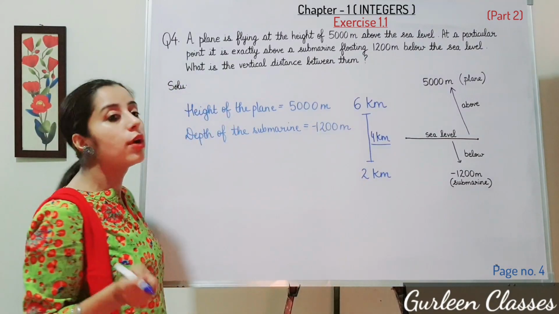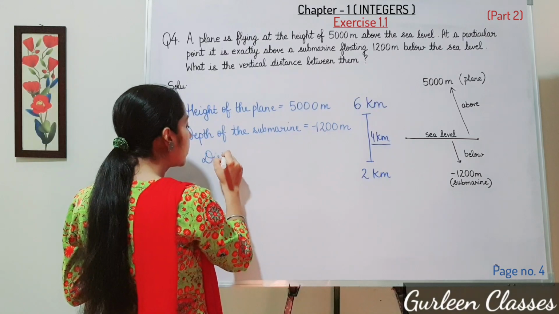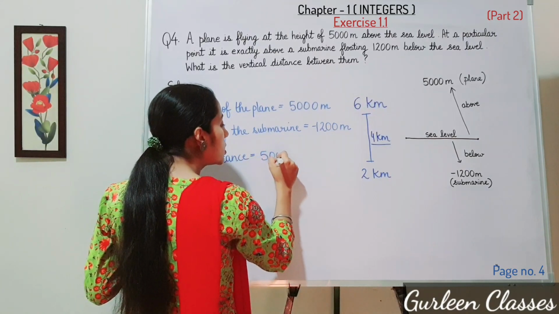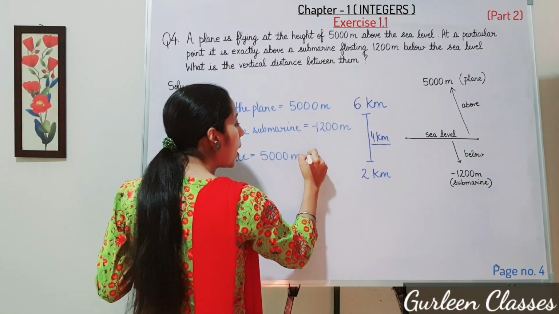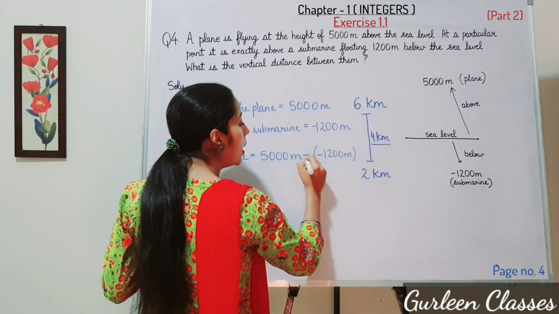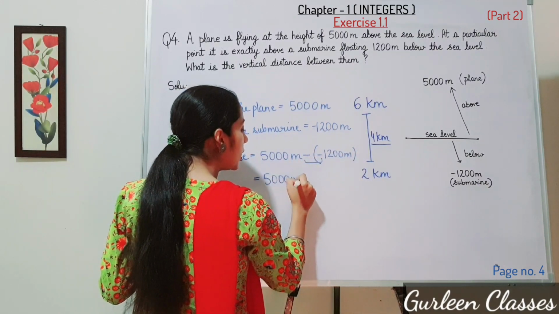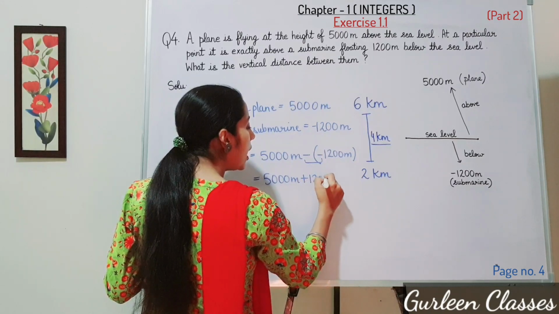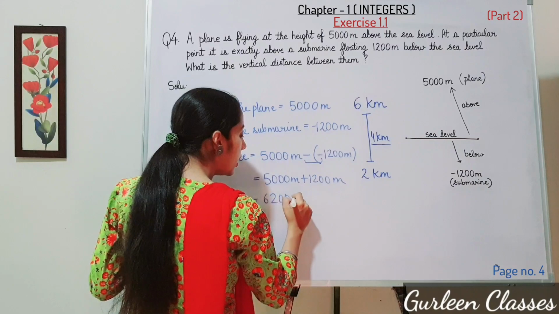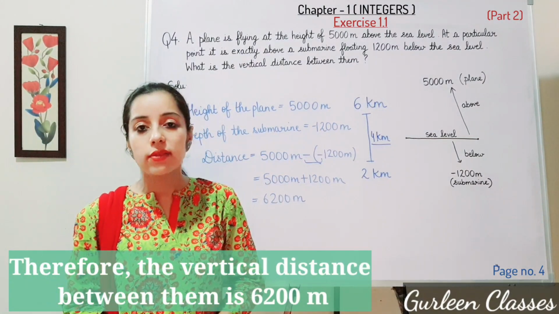So what is the vertical distance? Right here, distance is equal to 5,000 meter minus 1200 meter. Minus minus plus. So 5000 meter plus 1200 meter, that is 6200 meter. So vertical distance between them is 6200 meter.